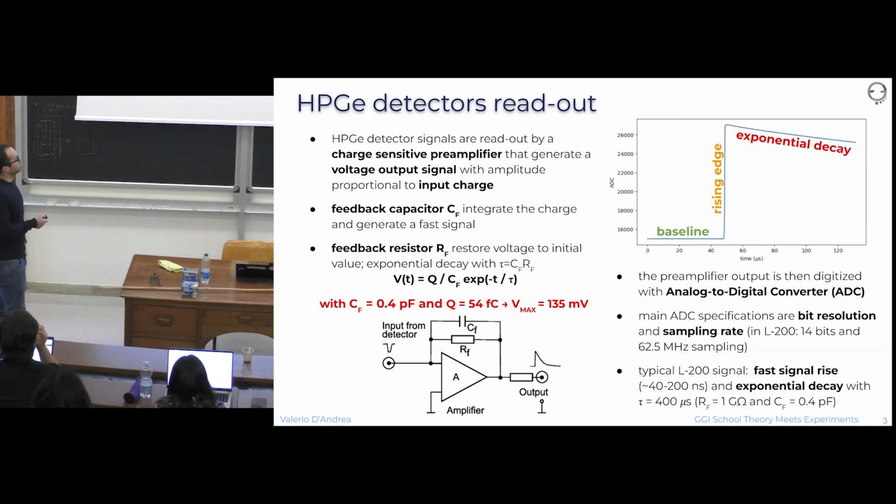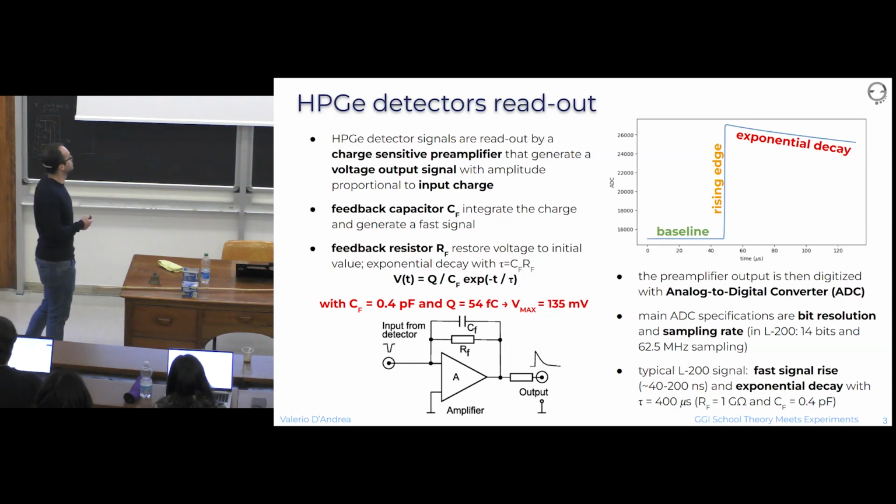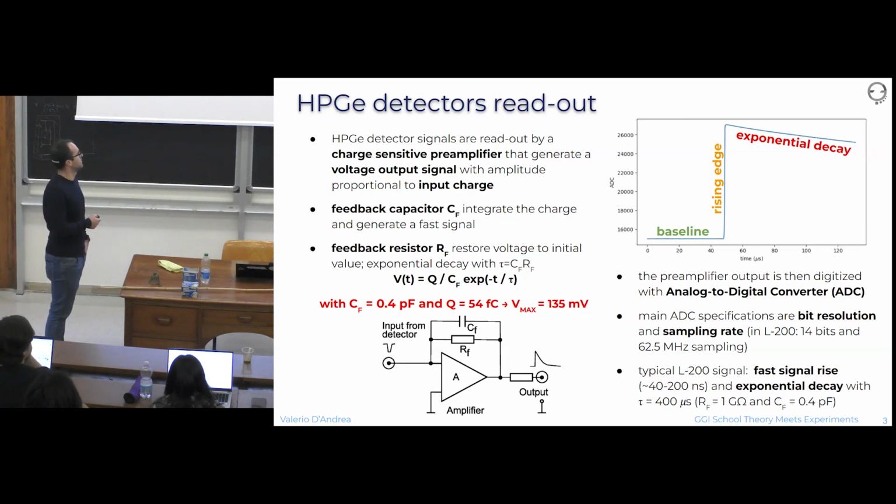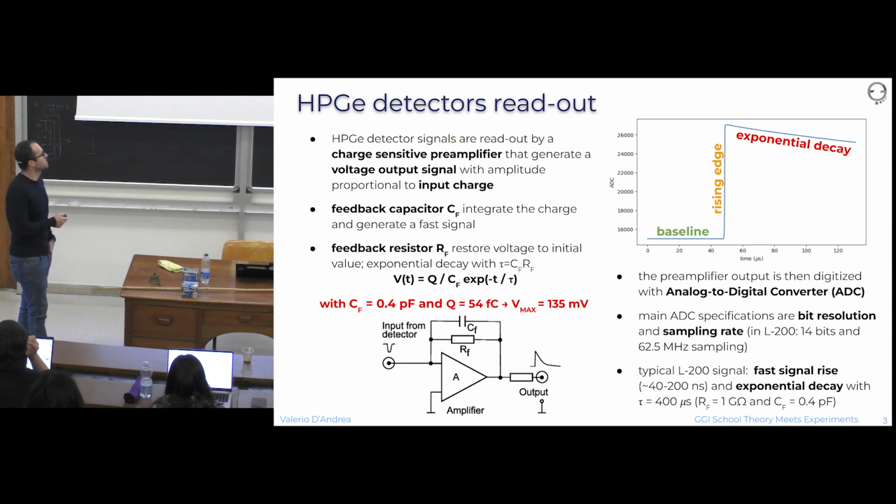In LEGEND-200, the sampling rate, which is relevant for the data I will provide to you, is 62.5 megahertz. That means that 1 sample in time is 16 nanoseconds. If you do the reverse of this number, you get 16 nanoseconds.